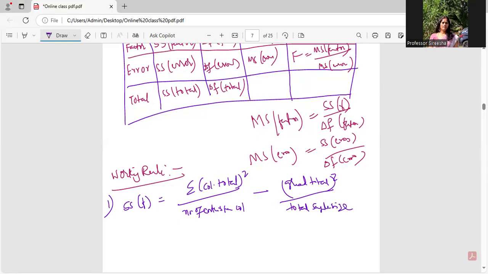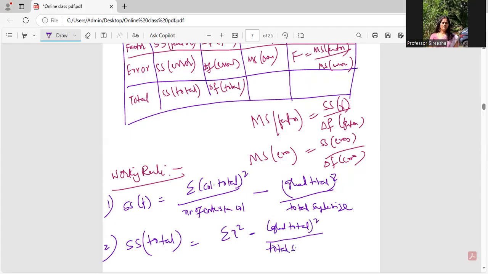Okay. Step 2, I'll be calculating SS total. This is nothing but summation x squared minus grand total whole square by total sample size.